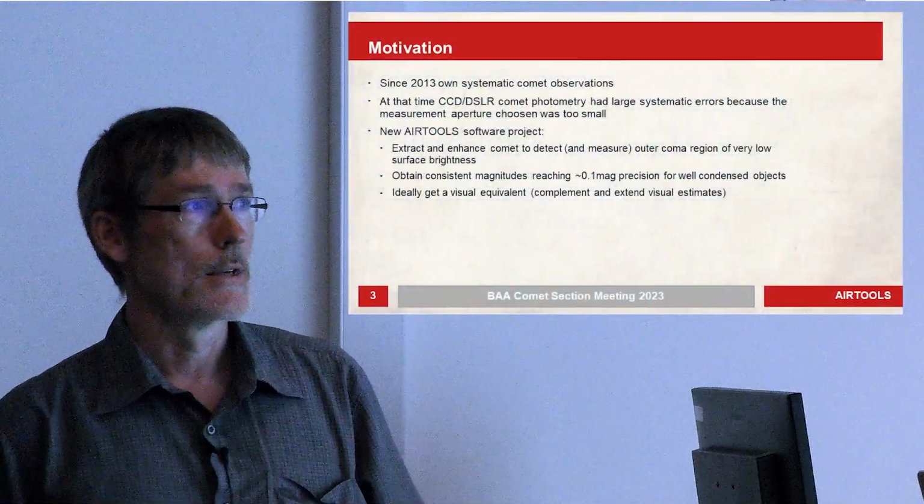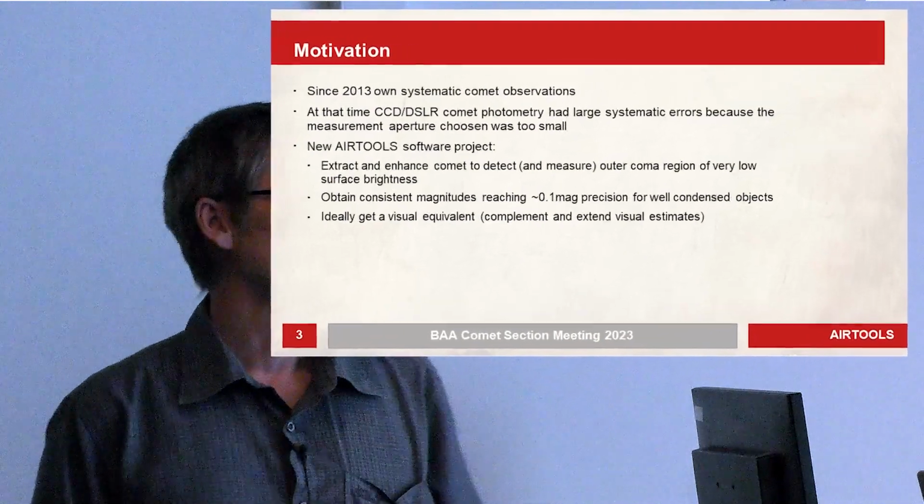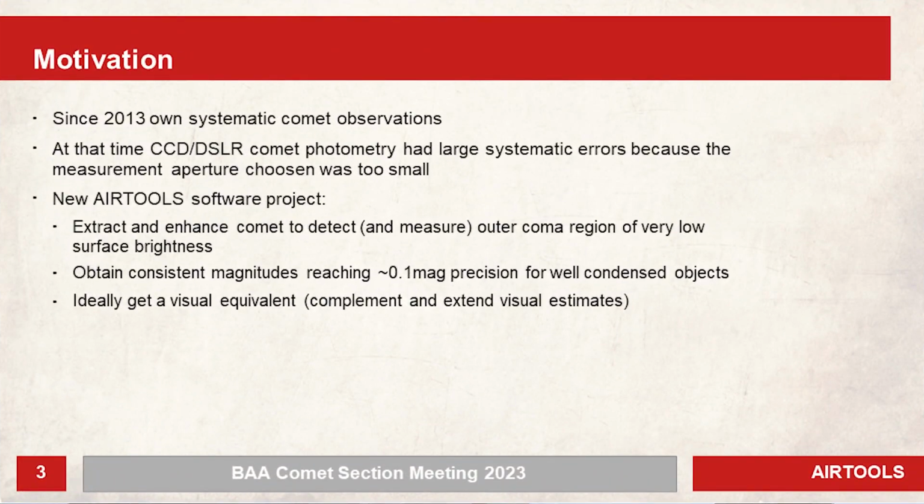We didn't get the whole, large outer coma region, so I tried to start a new project, with the main goal to extract and enhance the outer coma regions even at very low surface brightness, and then to get magnitudes reaching about 0.1 magnitude precision for at least those more condensed objects.